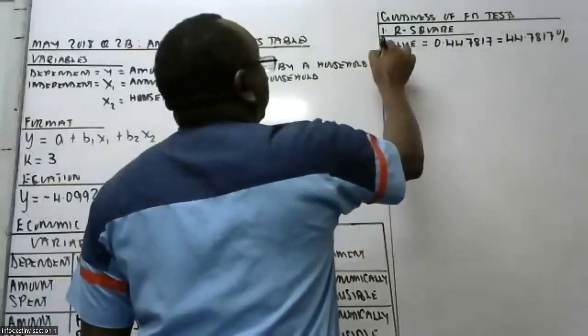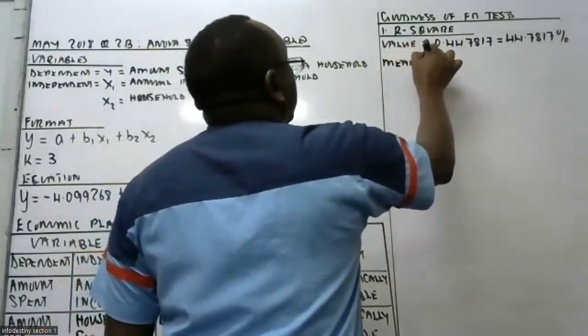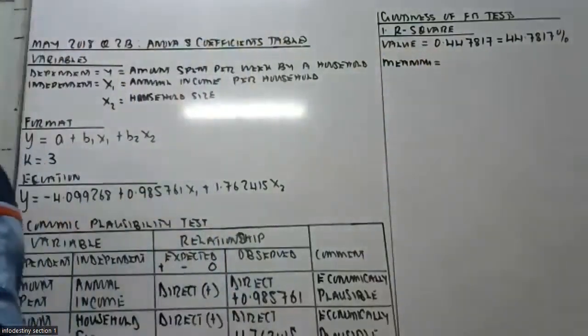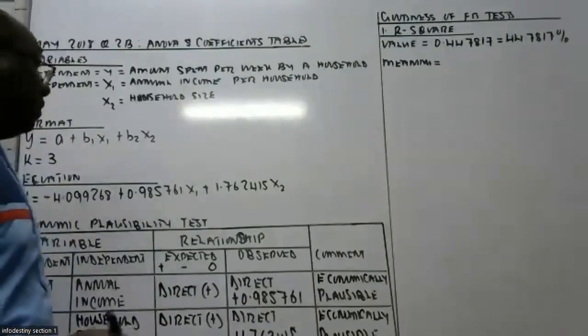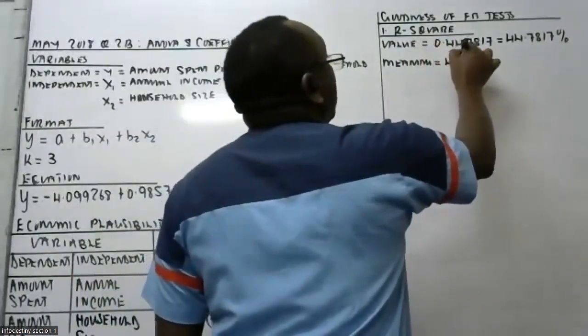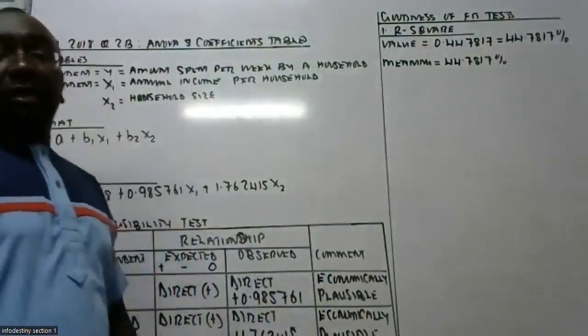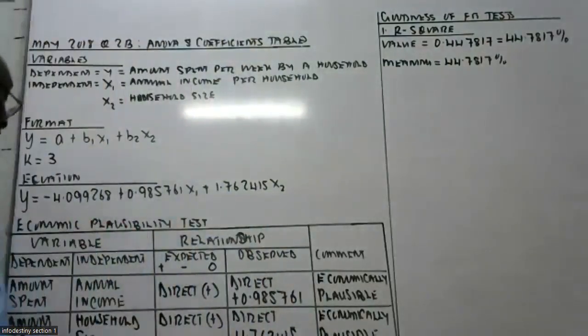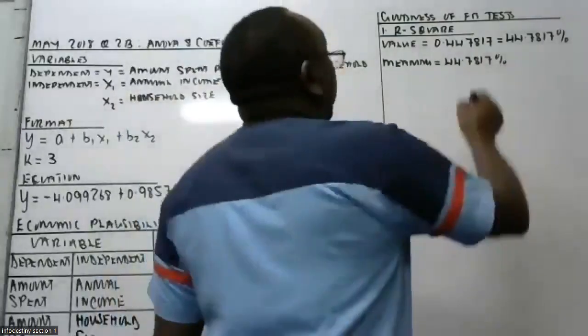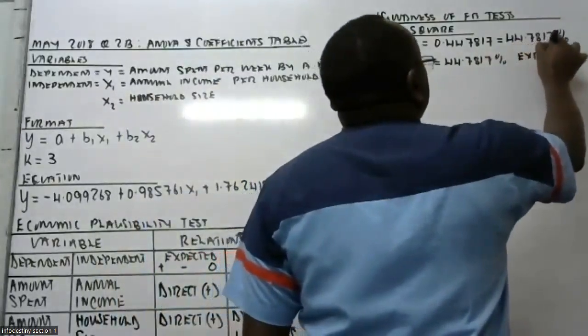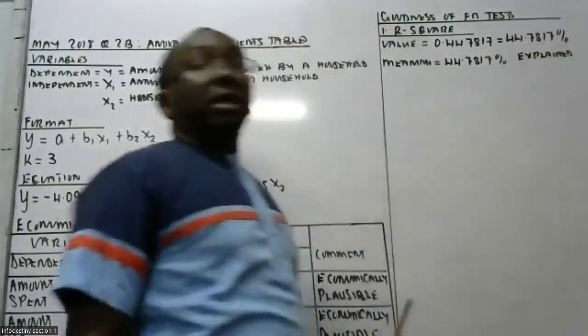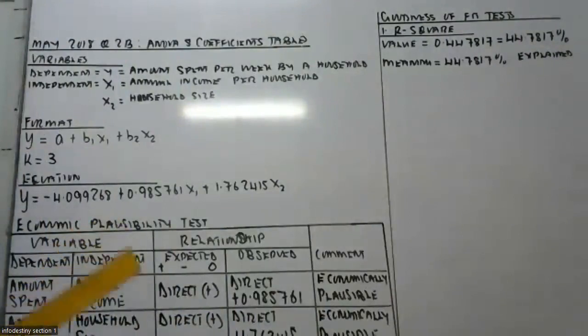Now, the meaning or the interpretation of that: 44.7817% of amount spent is explained by annual income and household size.